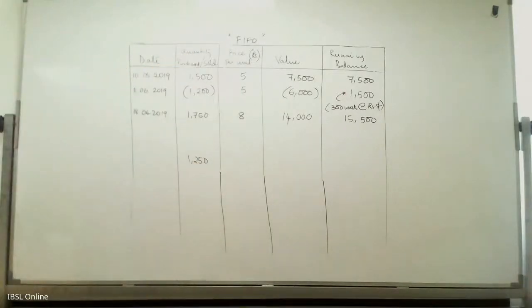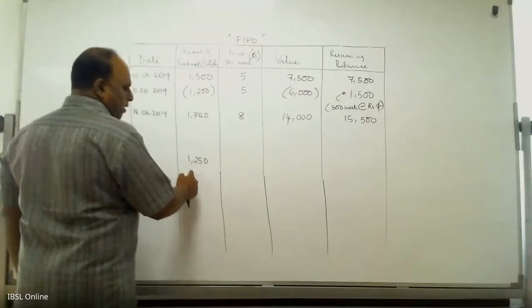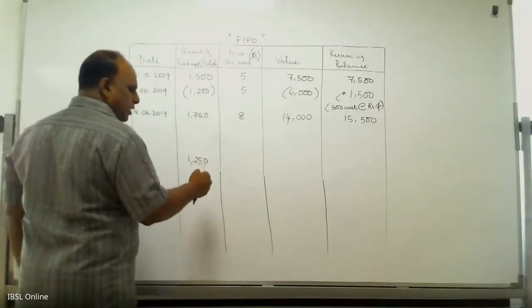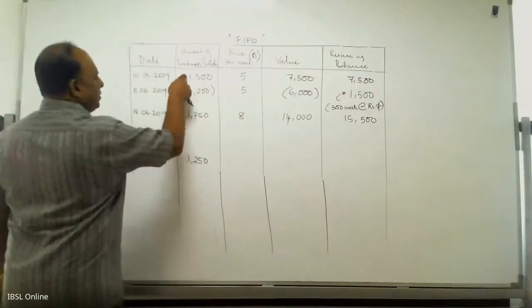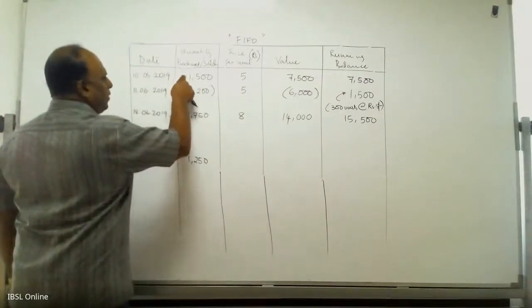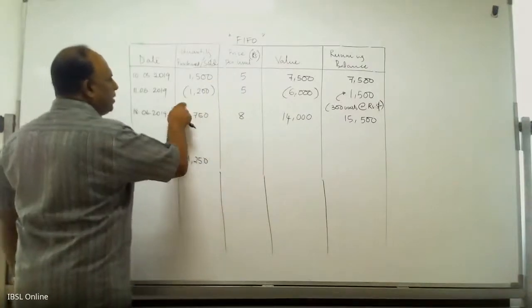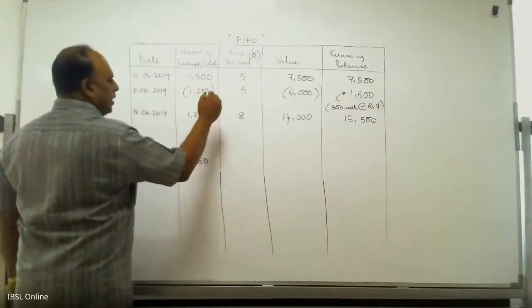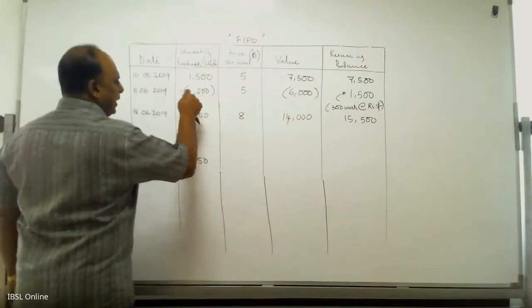So what do you mean by that? I have to issue this 1,250, taking into consideration that what came in first has to go out first. So what came in first is these 1,500 units at 5 rupees each. Then I issued 1,200. As a result, I have 300 remaining here.